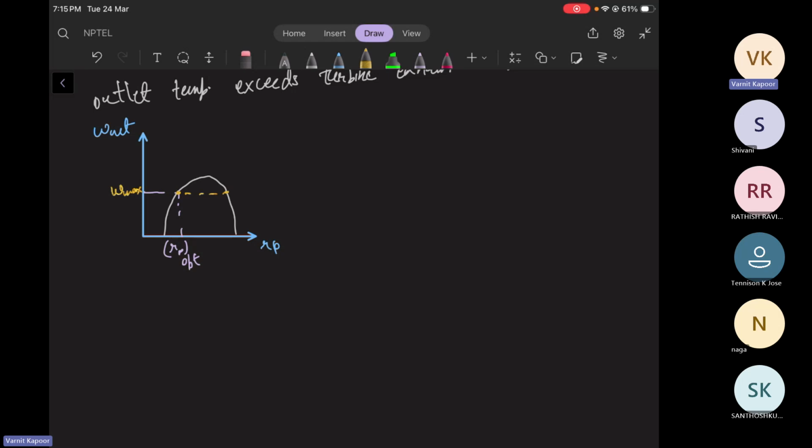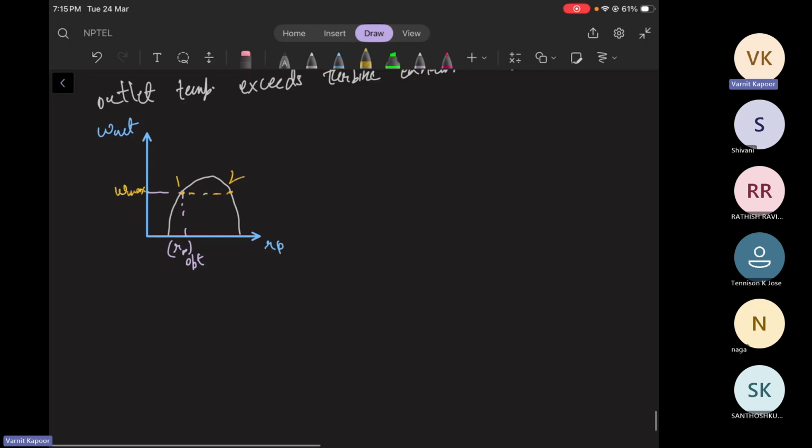Okay. But if we see, as work at the point 1 and 2 is same, but the fuel supply is less for 1 than 2. So therefore we can say that we shouldn't increase the pressure ratio.